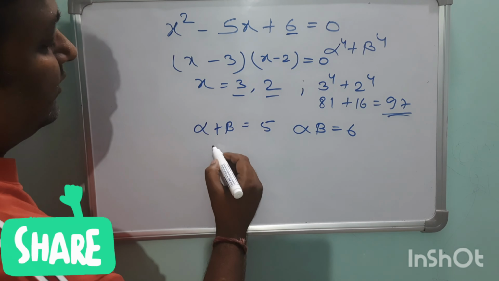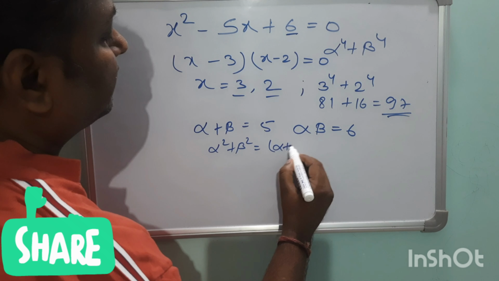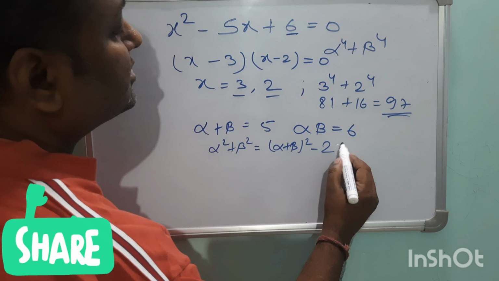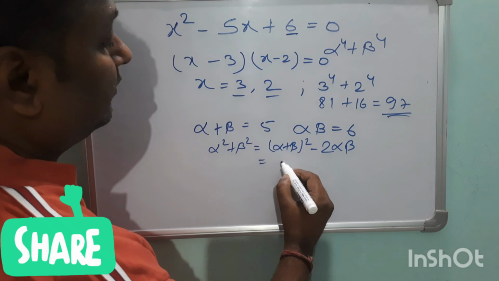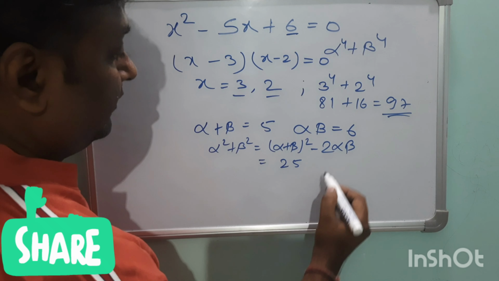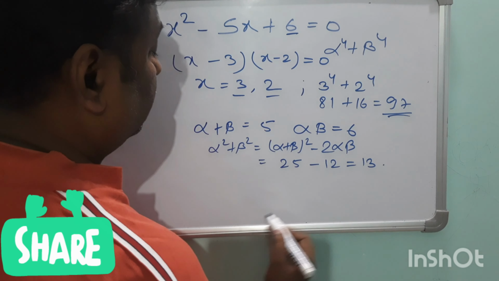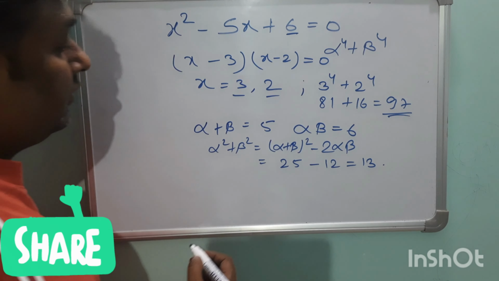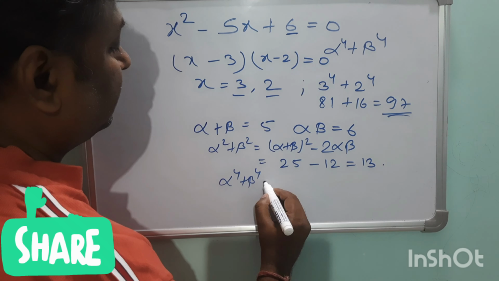If you are asking me to get alpha square plus beta square, what should I do? Alpha plus beta whole square minus 2 alpha beta. So this will become 25 minus 12, 13. Now alpha raised to power 4, beta raised to power 4.